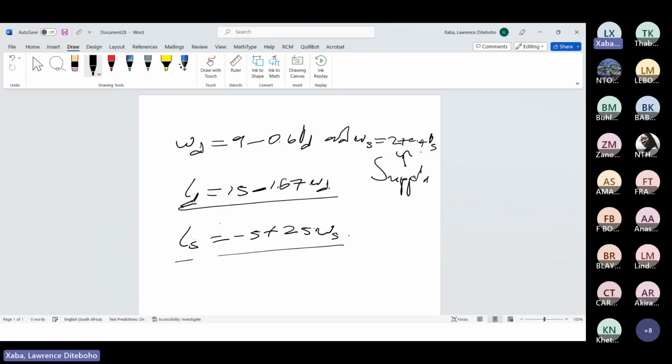And the question says, if the government makes a law that the wages must not be lower than 6 rand per hour, which is higher than the market equilibrium, employers will have to employ fewer people. Since we are given 6 rand per hour, that represents wages. So it means where we see W in this equation, we have to substitute that. We'll take the first equation.